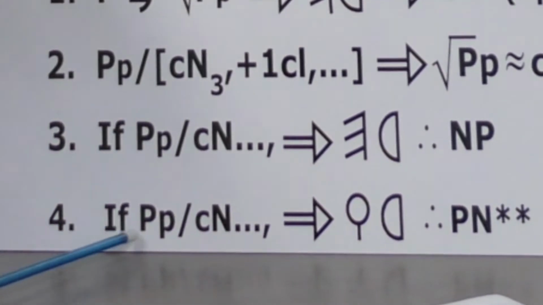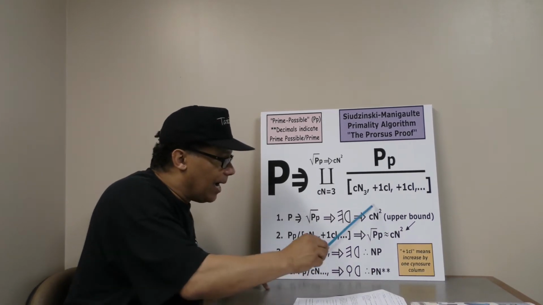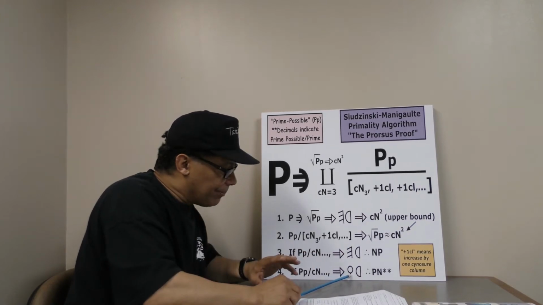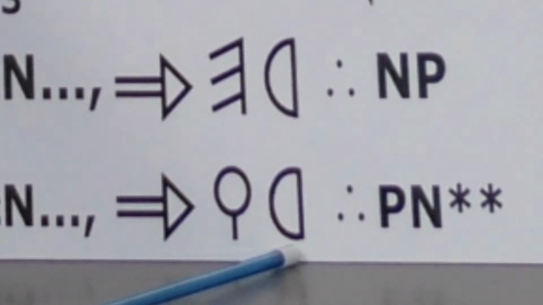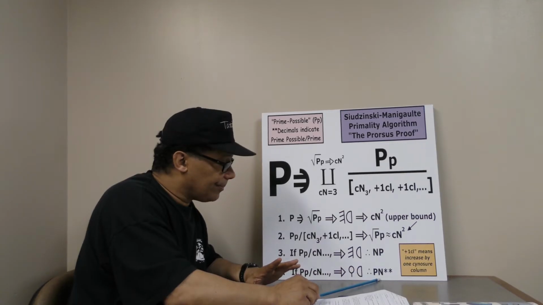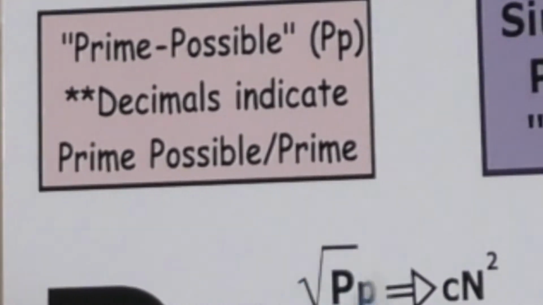Step number 4. If a prime possible number divides by any of the cynosure numbers up until the upper bound, which is a cynosure square, and it produces a decimal, this indicates that you've got a prime number. Decimals indicate a prime number.